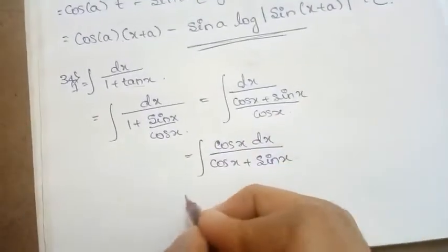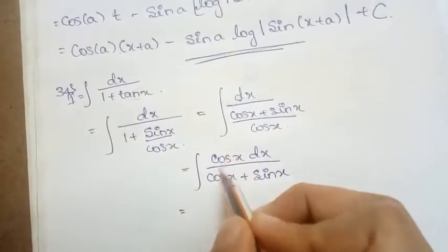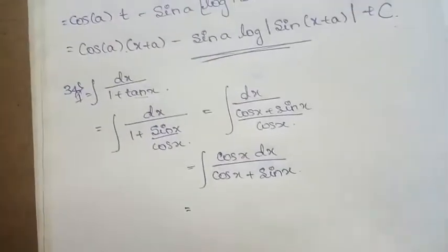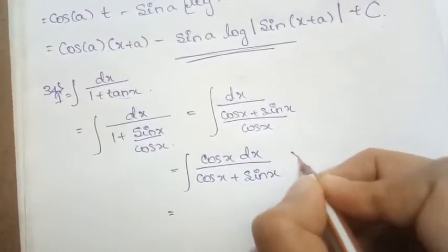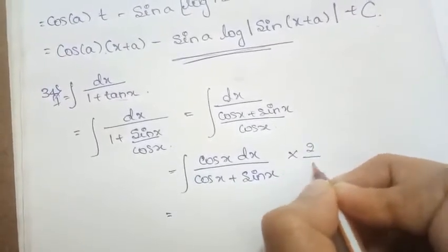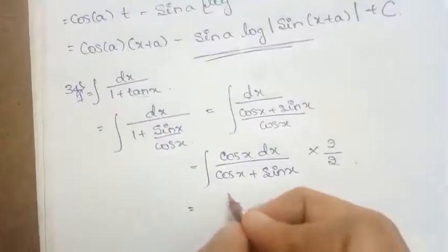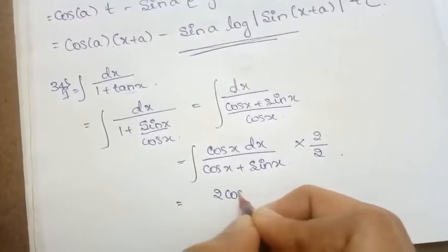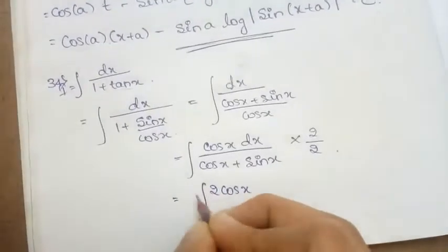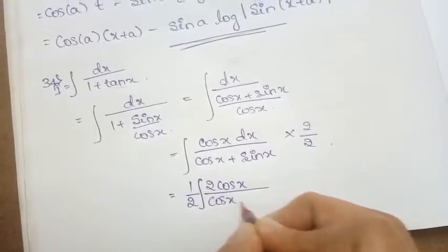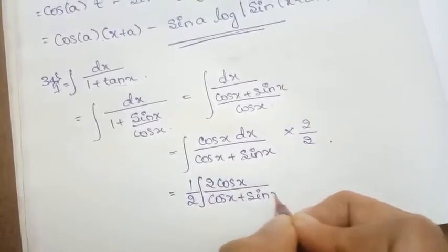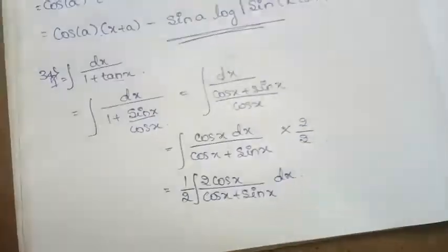So what we are doing here is, first thing, we have cos x divided by cos x plus sin x dx. First I will multiply and divide by 2 here. So what happens? 2 cos x divided by 2, 1 by 2 into cos x plus sin x into dx.